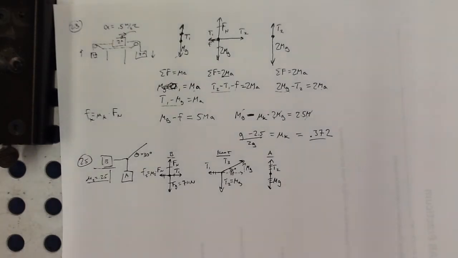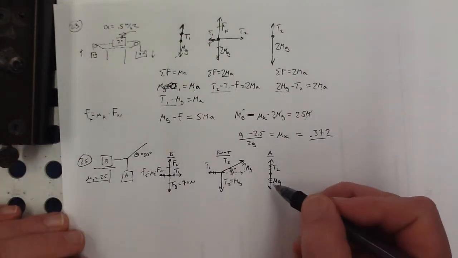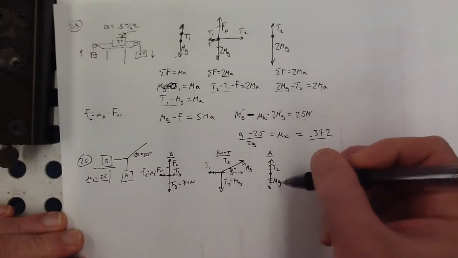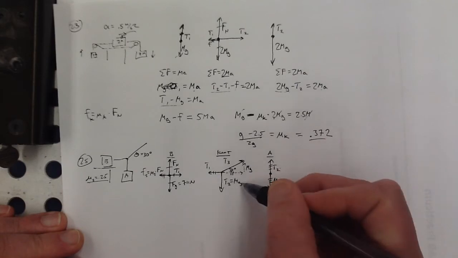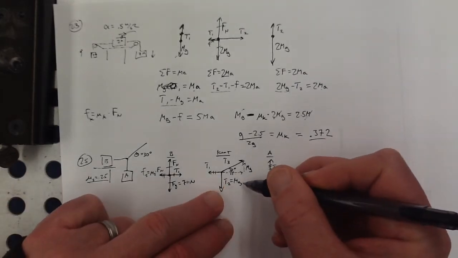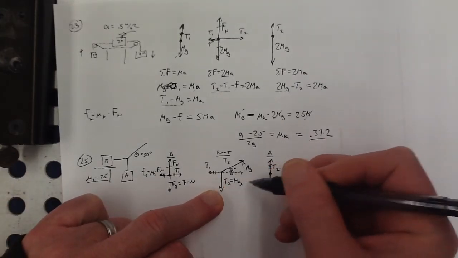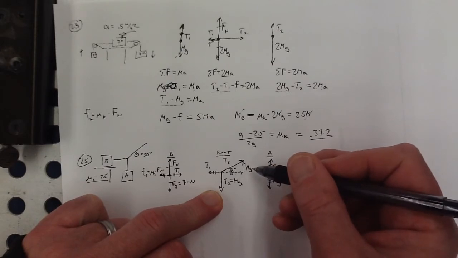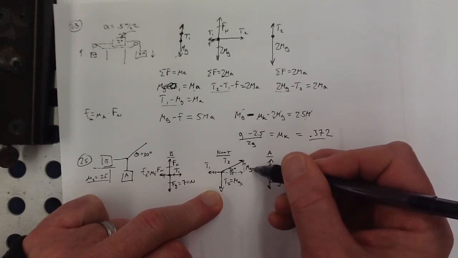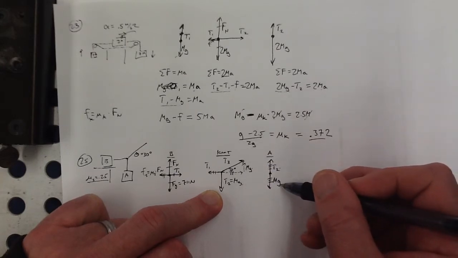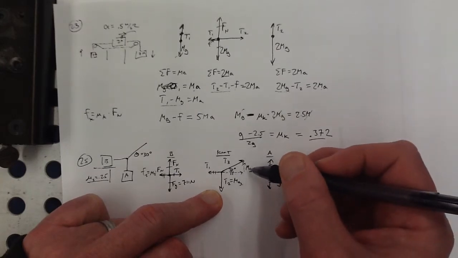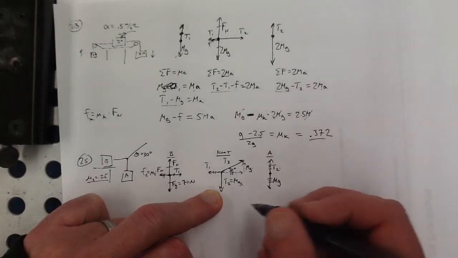All right, so let's see what's equal to what, and if we can chain our way back through to get an actual value for this. So mg is equal to T2 right here, and that is equal to this. So mg is equal to T3.